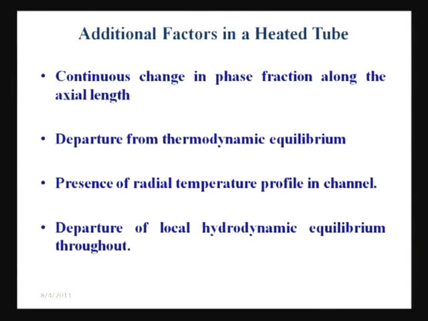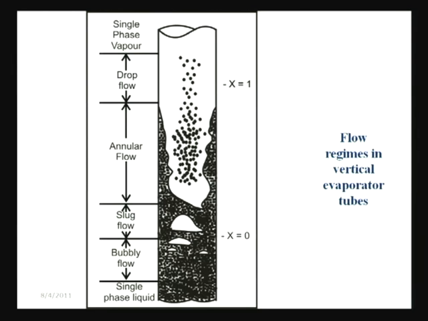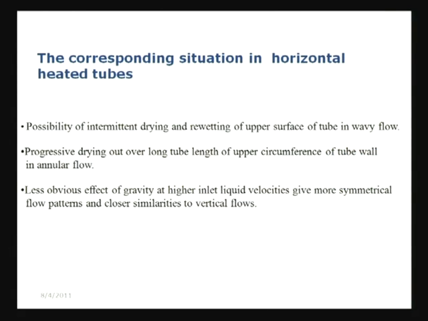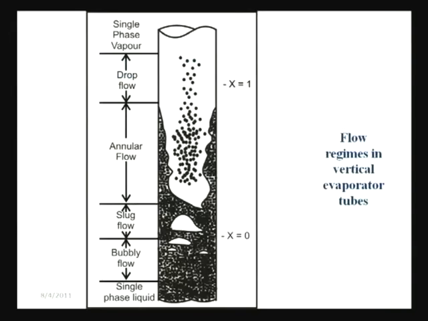Now, same heated tube, you think and tell me, same heated tube, I just make it horizontal. What do you expect under these conditions? In this particular situation, gravity, well, this slide we will see later, gravity also starts to play a part in addition to the factors which we had already mentioned for vertical heated tubes.